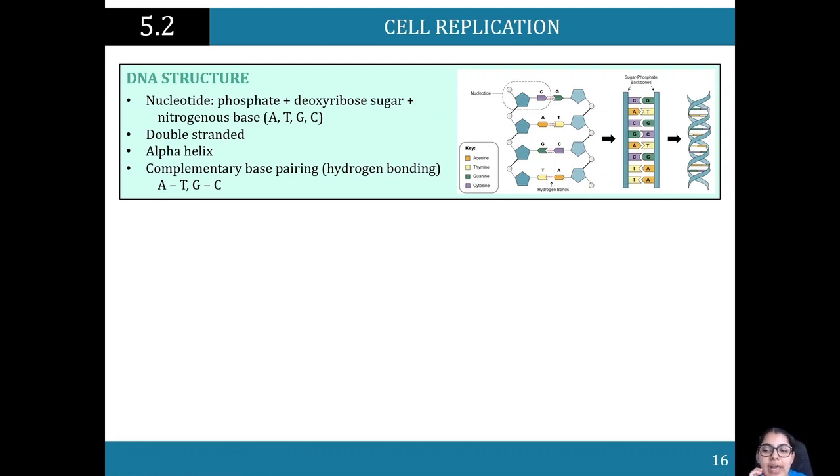It's double-stranded, and with the base pairing, C pairs with G and A pairs with T. That's the only combination pattern there is. Cytosine will only ever pair with guanine, and adenine will only ever pair with thymine, and that leads to hydrogen bonding. These bonds are pretty strong.